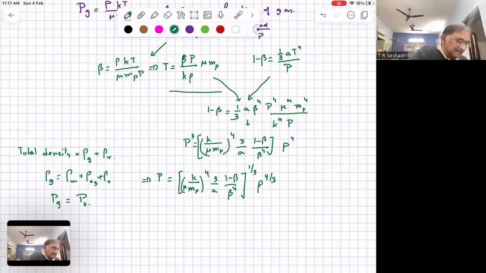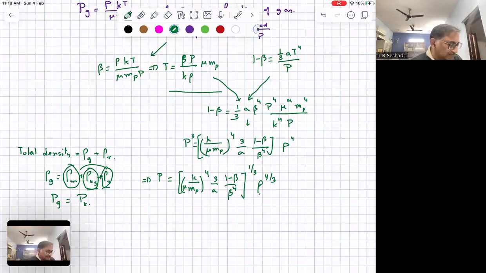Since my molecules are non-relativistic, the kinetic term will be very small compared to the rest mass. And the radiation density will also be very small compared to this. So the rho will be dominated only by the rest mass density of gas. Whereas pressure will have both the kinetic energy term as well as the radiation term, which may be of the same order in very high mass stars.